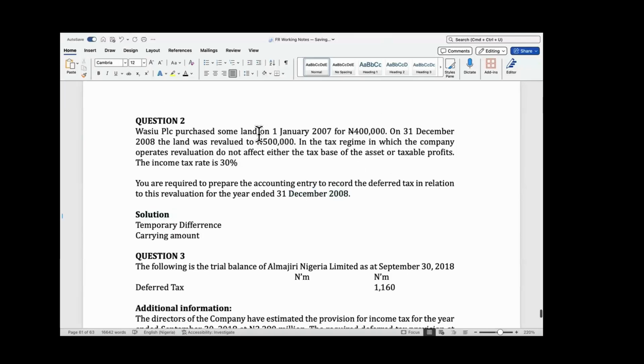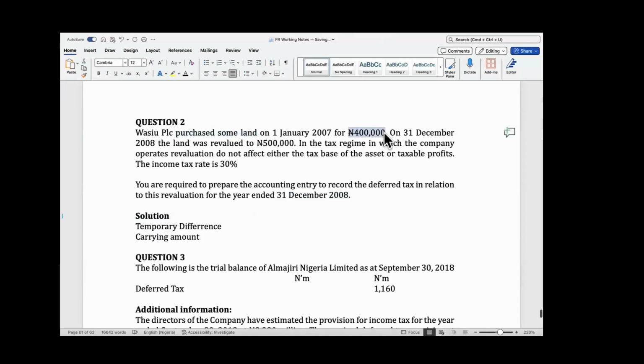Again, we're given the cost of these assets. We purchased it in 2007 for 400,000. And in 2008, it was revalued to 500,000. That means the carrying amount now is 500,000. That is the book value now.